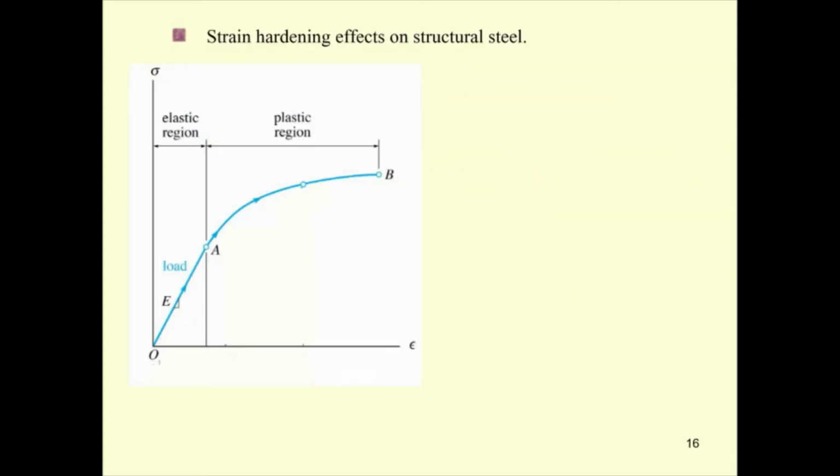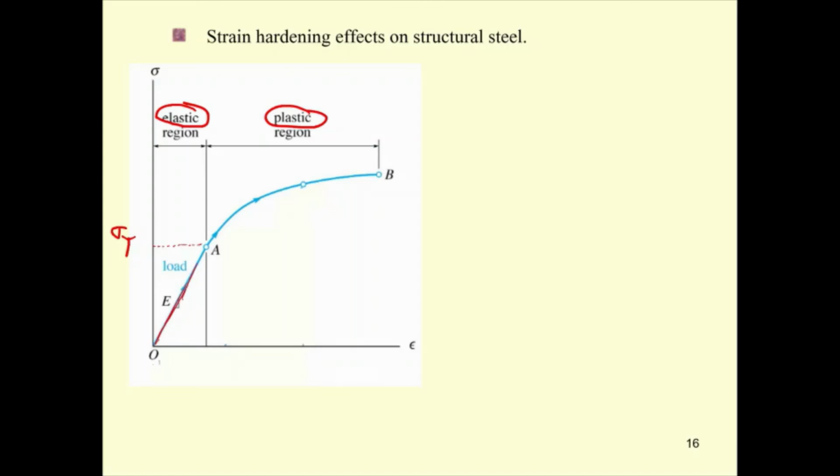Steel has elastic and plastic behavior. In the elastic region, we mostly use this as the sigma sub y. The property over here is elastic.